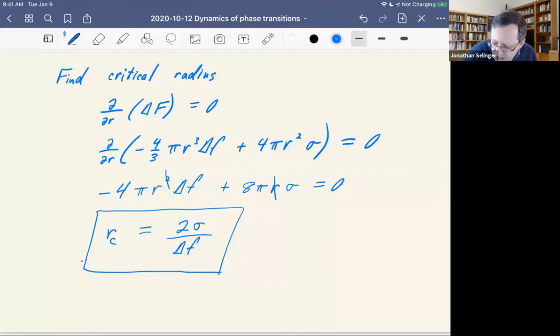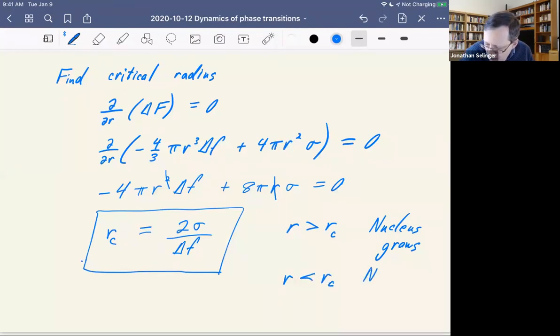And then we'll say for a radius greater than RC, if by whatever thermal fluctuations we form a droplet, a nucleus that's bigger than this RC, then the nucleus will grow. But if the radius is less than RC, the nucleus will shrink.